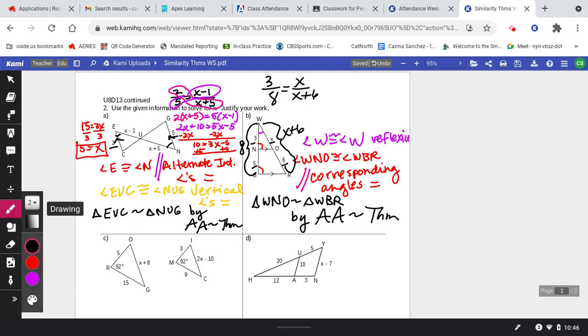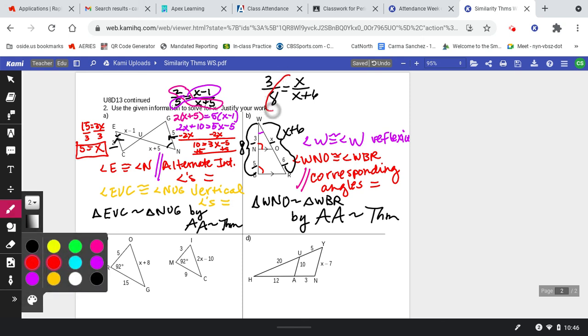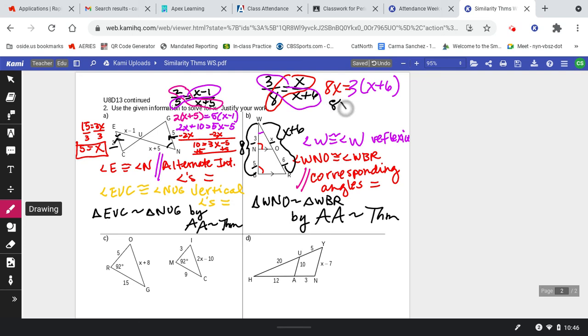Okay, now I'm ready to cross multiply. For my first diagonal, I get 8 times x. For my second diagonal, I get 3 times the quantity x plus 6, and then we can distribute. 3 times x, 3 times 6.